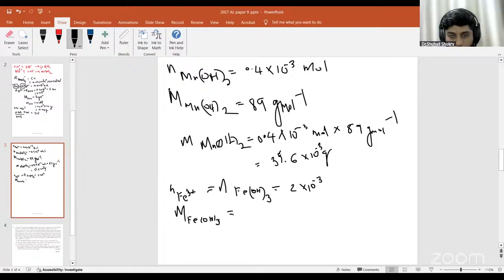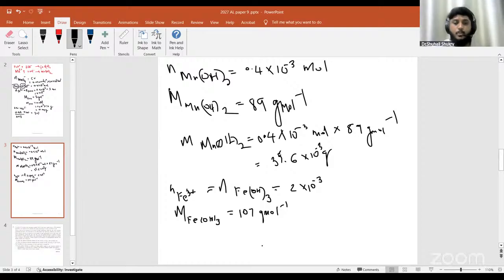Molar mass of Fe(OH)3 will be how much? 107 grams per mole.